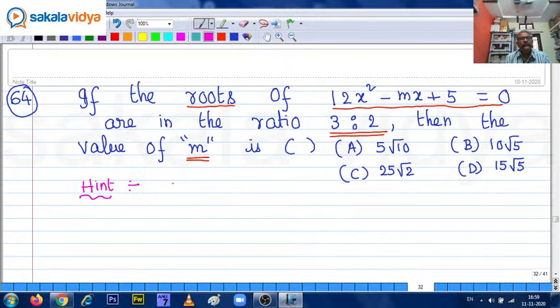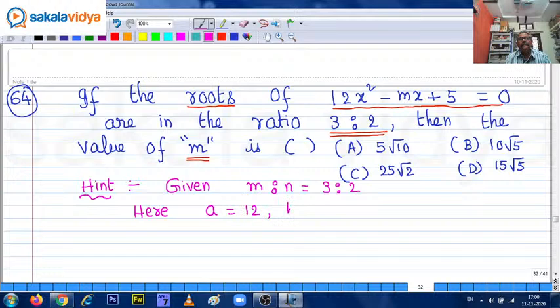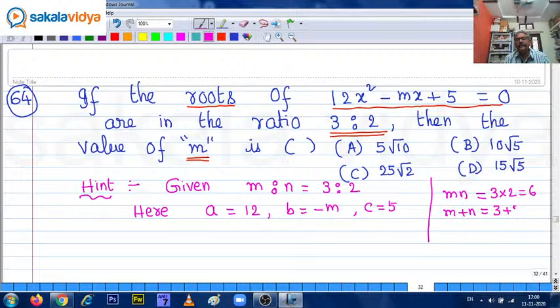Hint: given m is to n is equal to 3:2. Here a equals 12, the x square coefficient, b equals minus m, and c is equal to 5. First find mn. mn means 3 into 2, 6. m plus n, 3 plus 2 equals 5. So we have the shortcut.